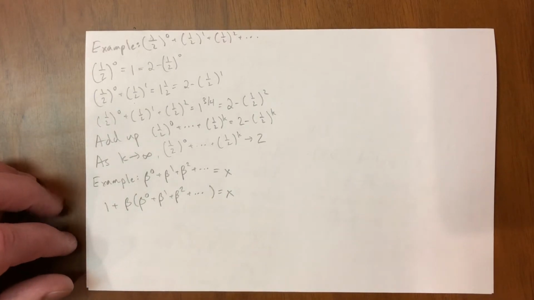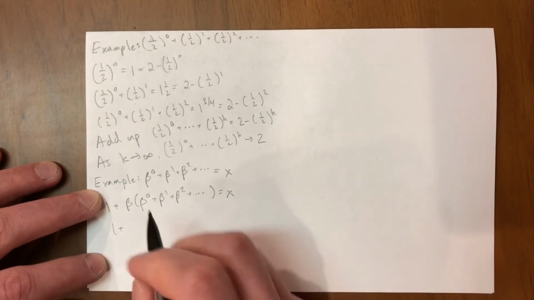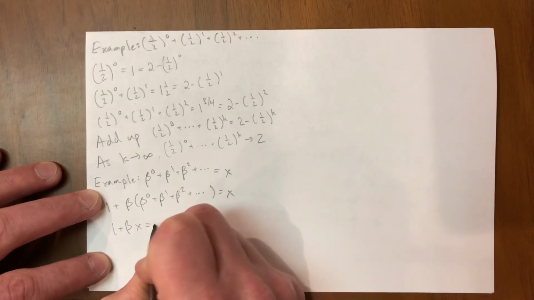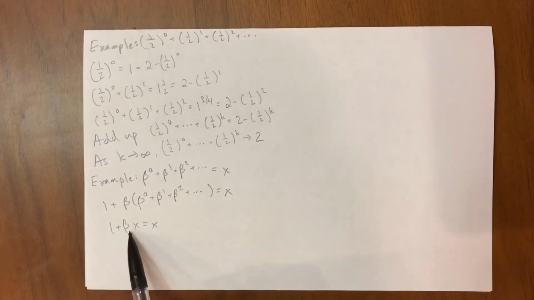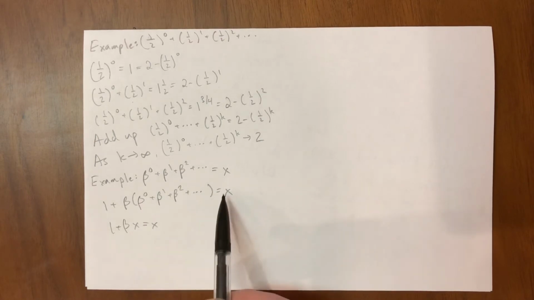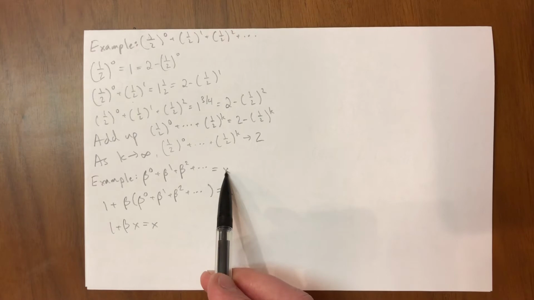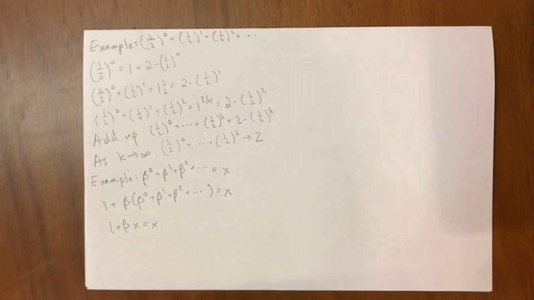Now, the reason we're writing things down in this strange way is that we can replace this with 1 plus beta times x is equal to x, right? Because the thing inside the parentheses is x. That's what we named it in the last statement.